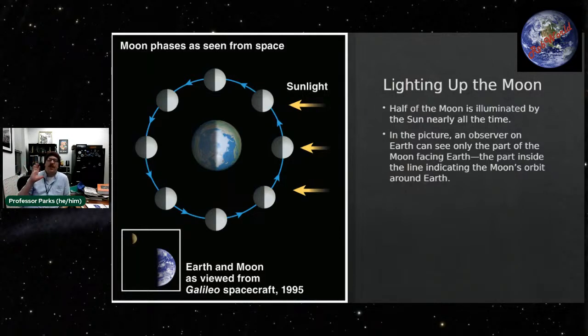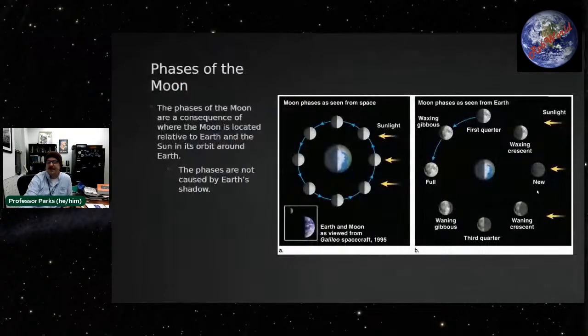But because of a thing called tidal friction, which I'll go over in a moment, the moon happens to show the same face to us at all times. So when we look at the moon, the lit-up portion that we can actually see varies because of where it is in relation to us.